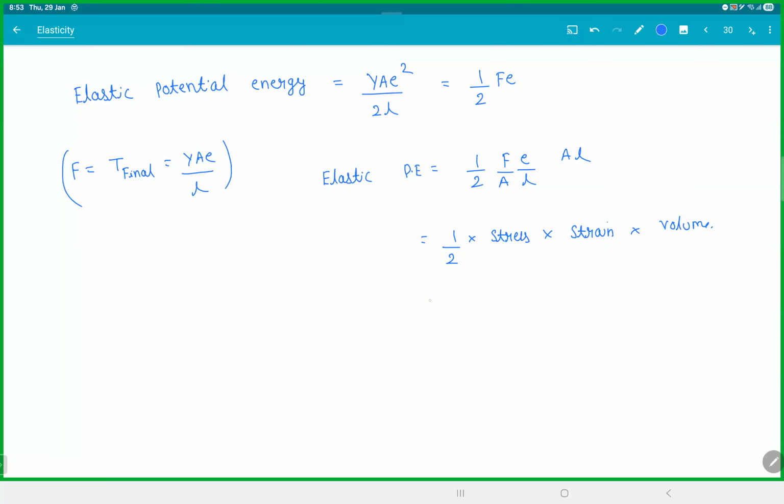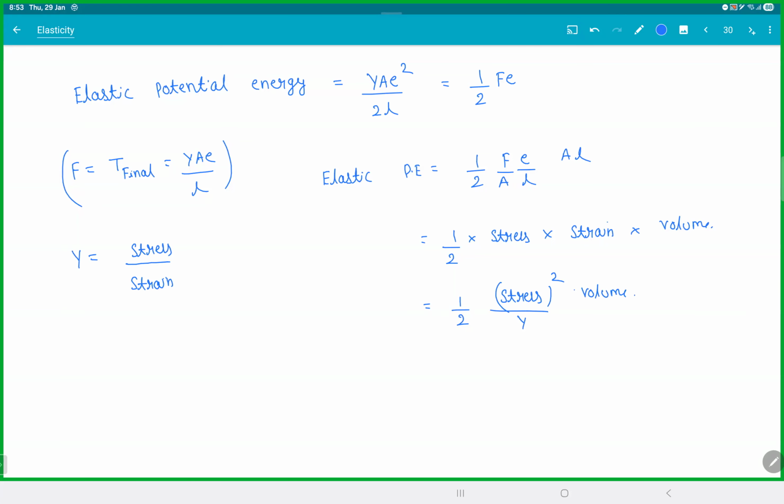This is another way to write the formula: half stress into strain into volume. I don't like this, but there's a much better way to write this. If you remember, Young's modulus is equal to stress by strain. So I can write strain as stress by Young's modulus. So it will be half stress square by Young's modulus into volume. This is a better one actually. You will see later on why.